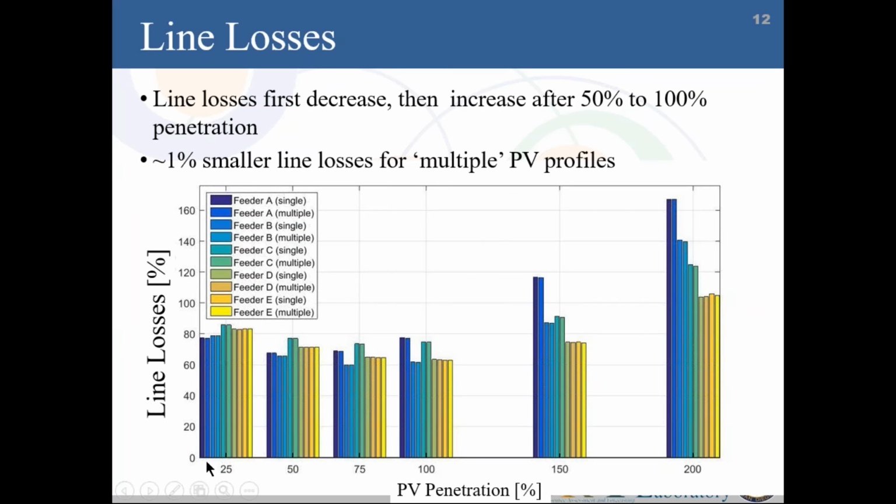So we see here on the x-axis the PV penetration level. That's defined as the amount of solar power capacity over the feeder rated capacity. So at 100% penetration, we would basically be producing as much solar power as this feeder is rated for.